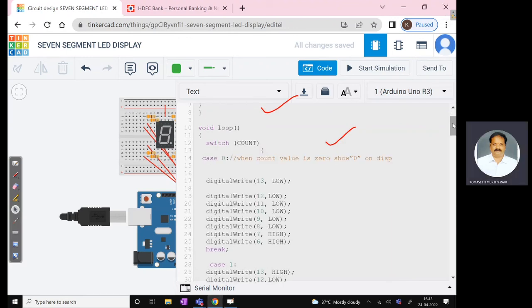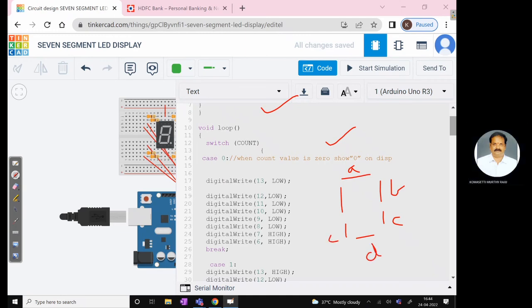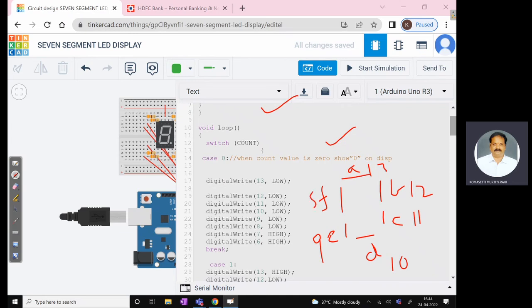This is case 0, which displays the number 0. The segments are A, B, C, D, E, F, and they are connected to pins 13, 12, 11, 10, 9, 8, and the 7th pin.